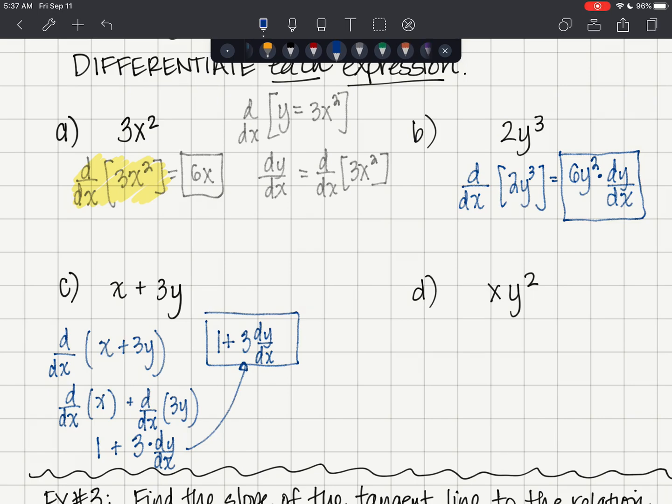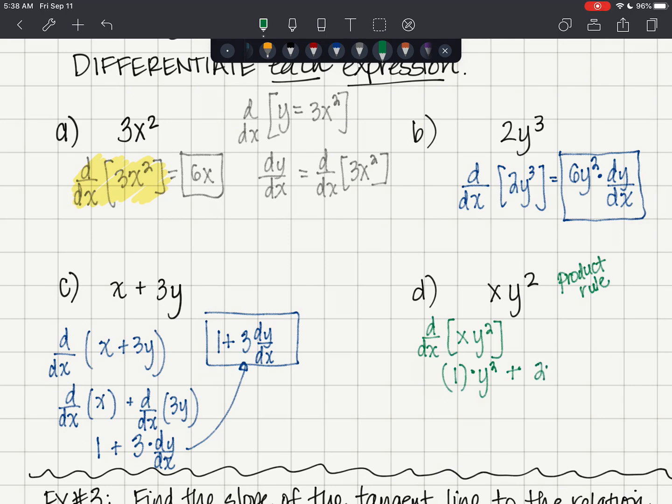Now here we're going to need our product rule. So I'm going to change my color here because we want to show you just a little difference. Here I have to use my product rule. So the derivative with respect to x of xy squared is going to be the derivative of x with respect to x, which is 1, times the second factor, y squared, plus the derivative of y squared with respect to x.